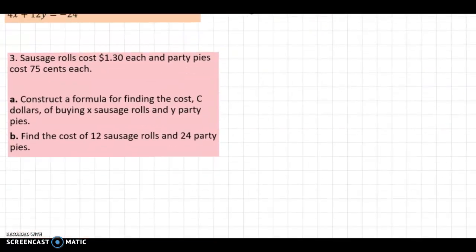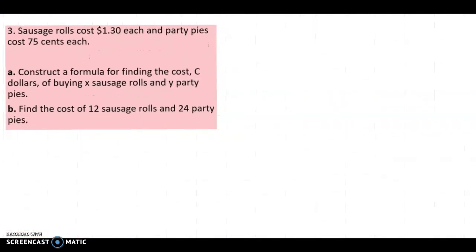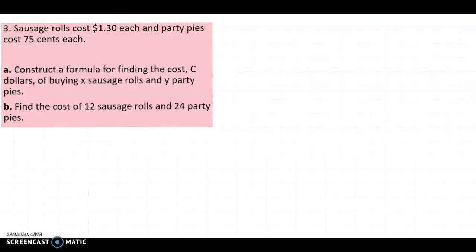And moving on to our red section here. So it says sausage rolls cost $1.30 each and party pies cost 75 cents each. Construct a formula for finding the cost C dollars of buying X sausage rolls and Y party pies. So looking at part A first, the first thing we need to do is identify that our sausage rolls are $1.30 each.